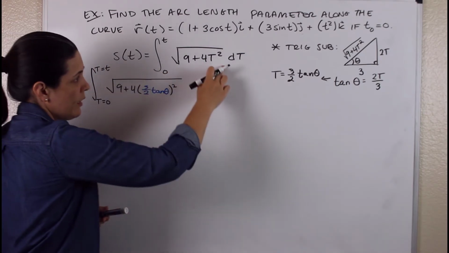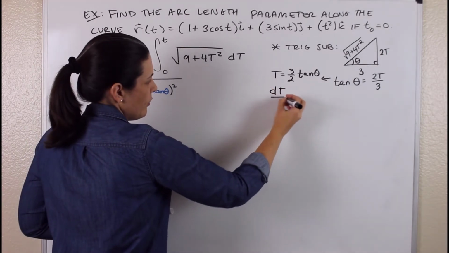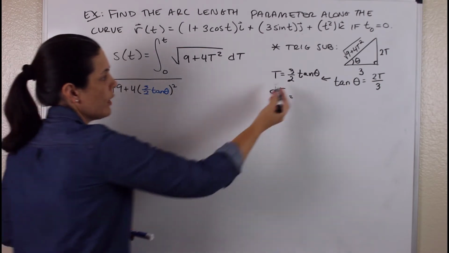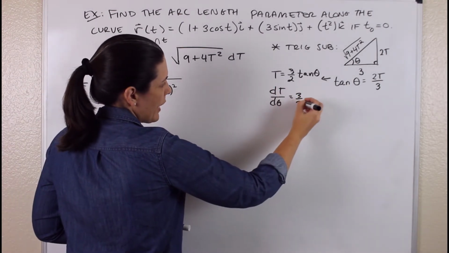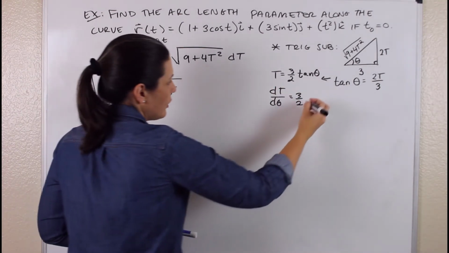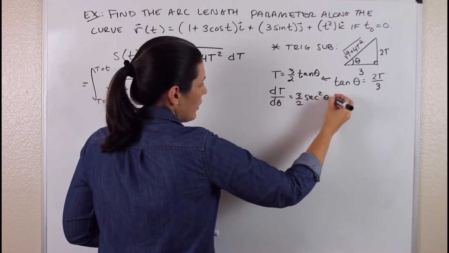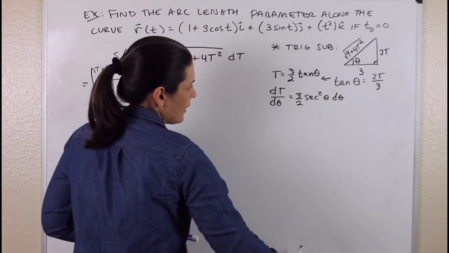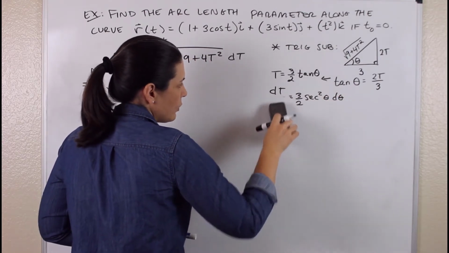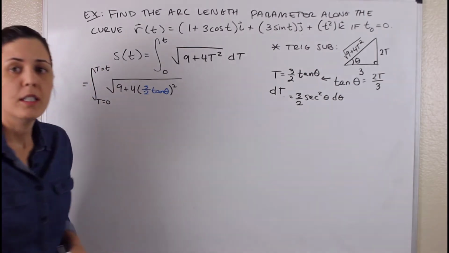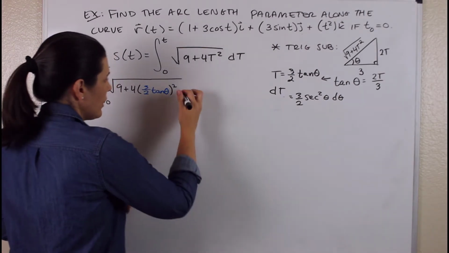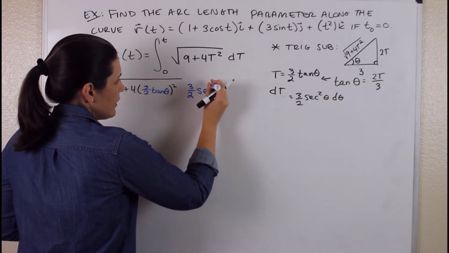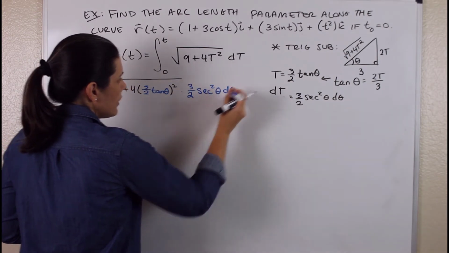And then dt, now let's find that. The derivative of t with respect to theta from our choice for t is just going to be 3/2 times the derivative of tangent theta, which is secant squared theta. And if I multiply by d theta, I can say that dt is equal to 3/2 secant squared theta d theta. So that's going to go right here: 3/2 secant squared theta d theta.